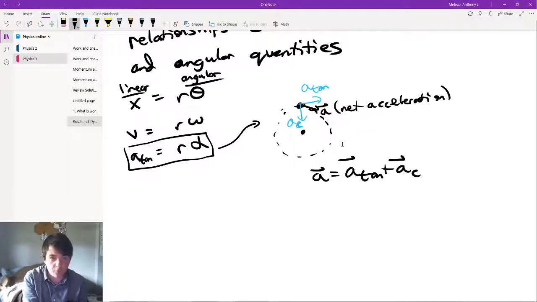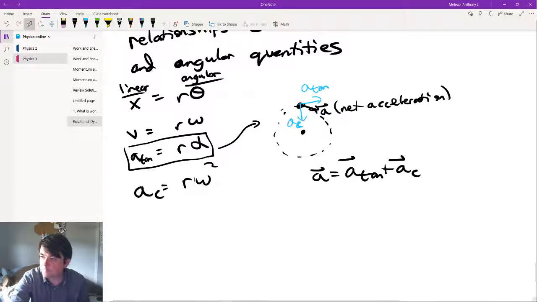And you can also have one other equation here.